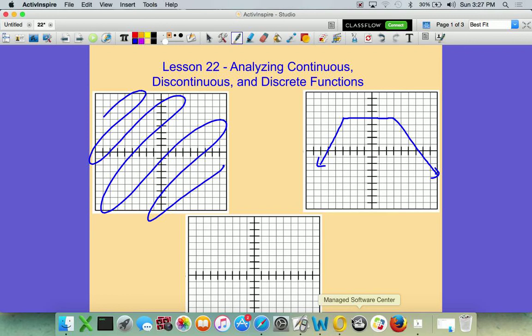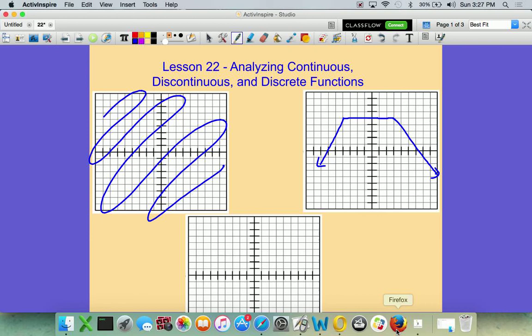So then we have to figure out, is it continuous, discontinuous, or discrete? Well, the easiest rule for continuous is, can you draw the entire graph without lifting your pen off the paper? This one, absolutely. You can draw that entire thing without taking your pen off the paper.